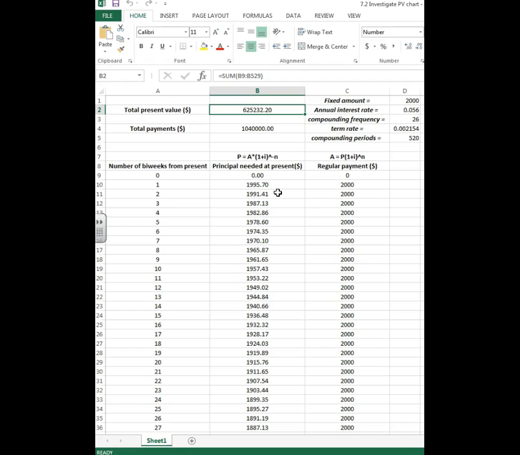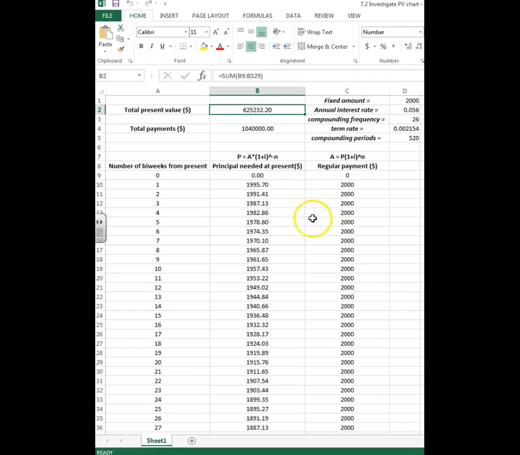That's the equivalent value to receiving 520 $2,000 payments. Obviously there's a difference there, and that's due to the interest that's earned. So you could put $625,000 into your bank account right now, and that would accumulate to 520 payouts of $2,000.